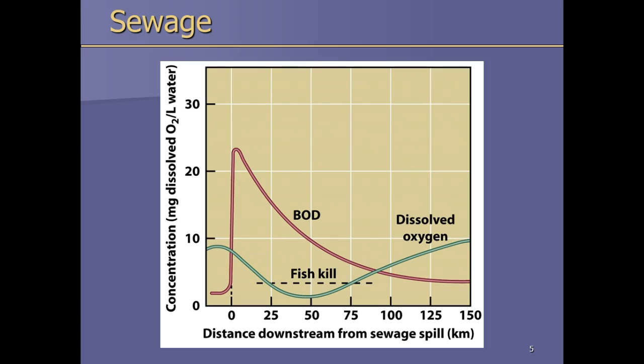Then as the effluent, which is the sewage, moves downstream, we get an area where BOD starts to drop dramatically, and then dissolved oxygen goes up to previous levels. As BOD goes down, and there's not such a drain on dissolved oxygen, those levels go up, so there's more availability of oxygen to the ecosystem. And that is because the sewage is becoming diluted.